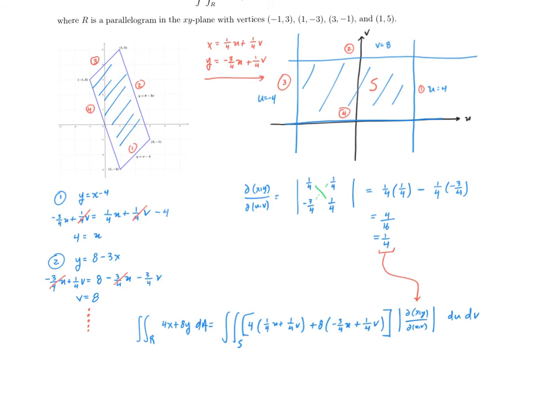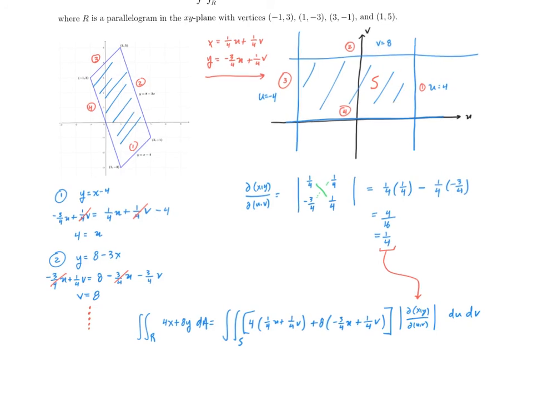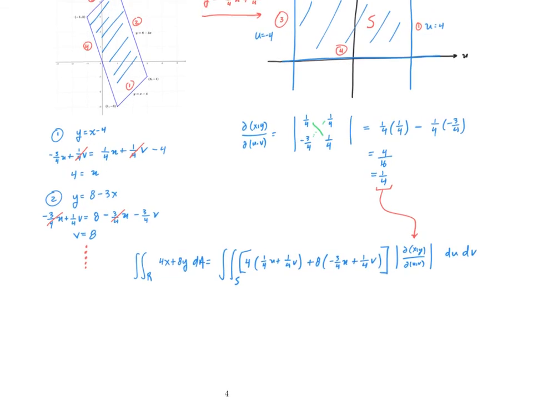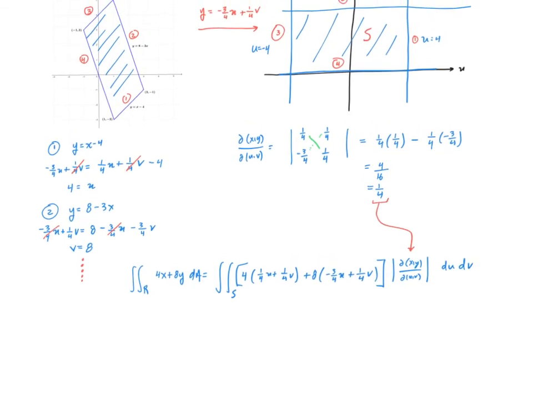So let's go ahead and convert this into an iterated integral that we can hopefully easily evaluate. So the first thing is to note that in our integral we need to distribute through the 4 and the 8. When we do so, we'll end up with a 3v minus 5u.